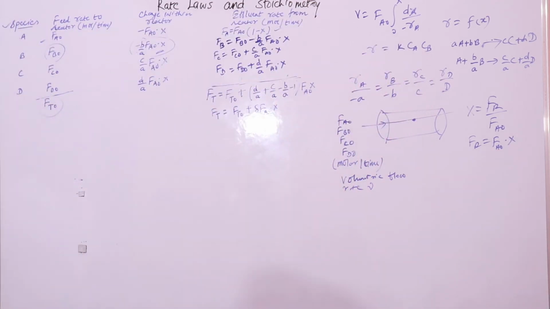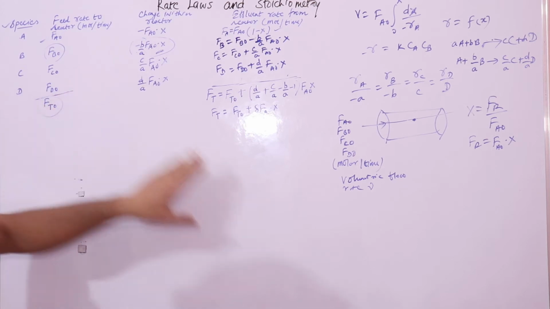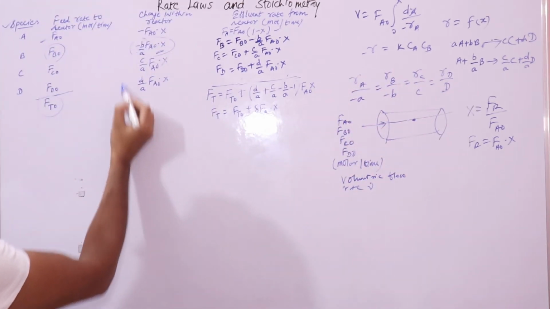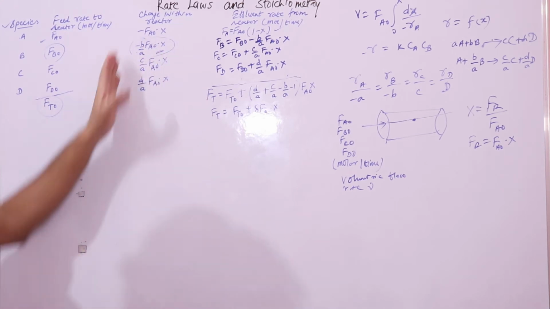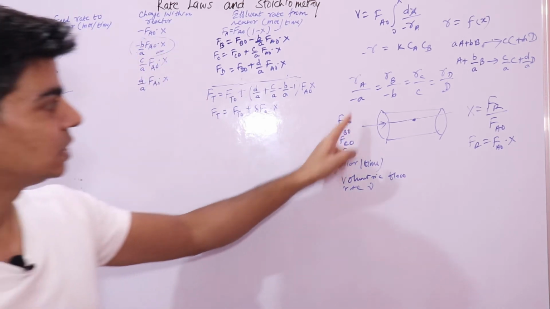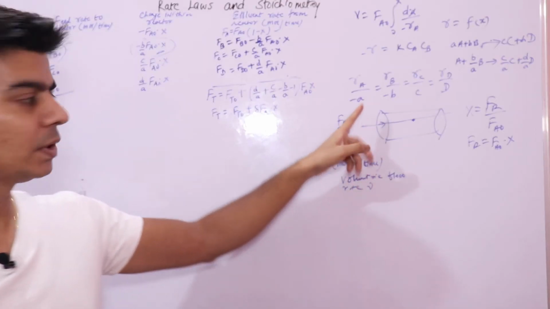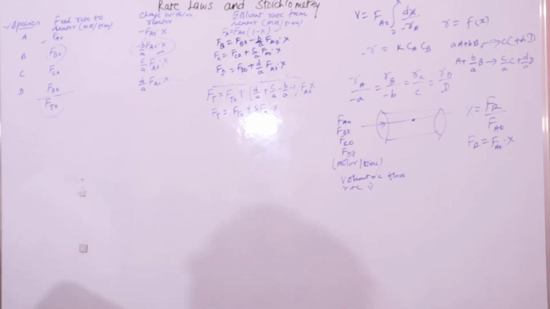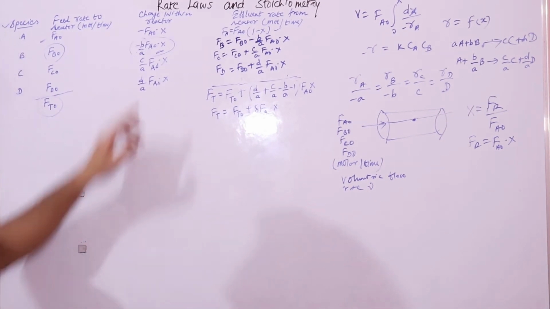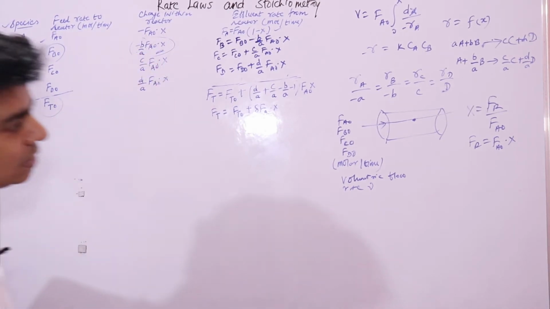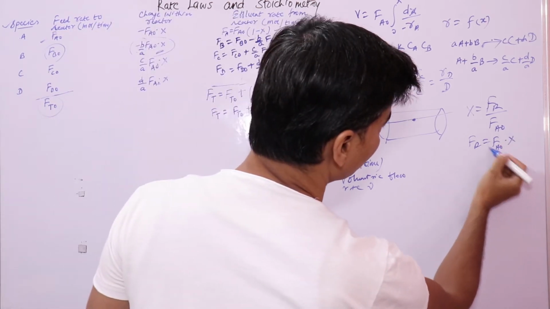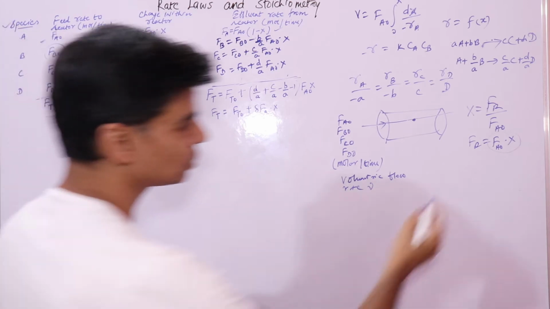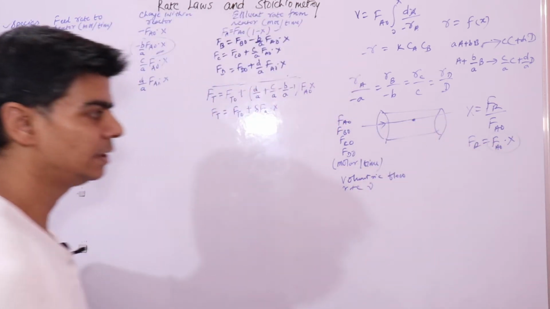Using this expression, we will express other reactants and products in terms of this limiting reagent A. So how will we do this? This is Fa0x, that is how much of A has reacted. This much of A has reacted inside the reactor.